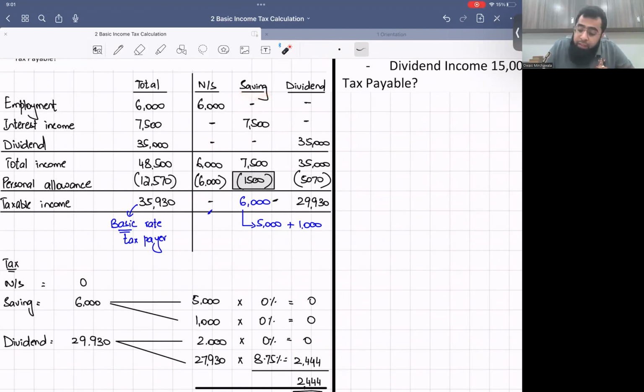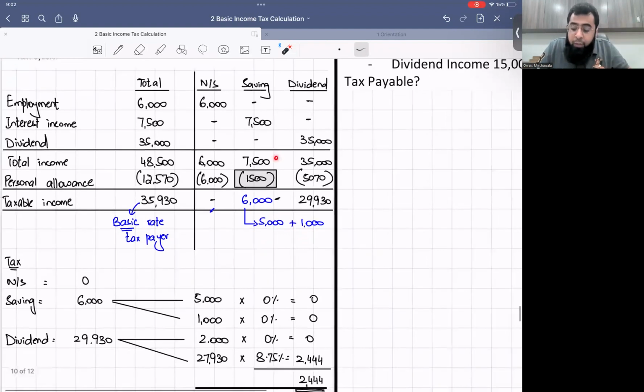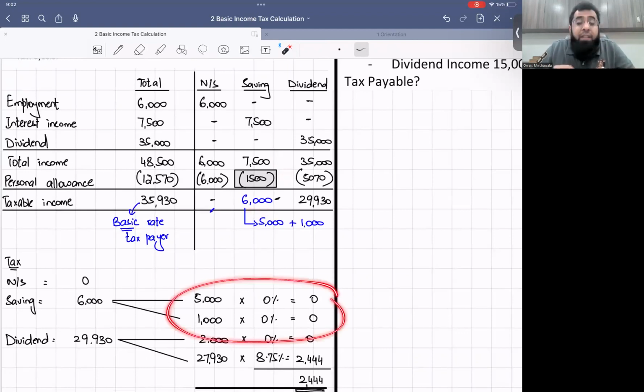But when we are offsetting the saving income, what we have to look at is that if some amount of saving income is already being covered at 0%, don't use allowance against that amount. Only hit 1,500. Make 6,000 taxable. Because even if it is taxed, the amount will be 0. And then the remaining amount against dividend.